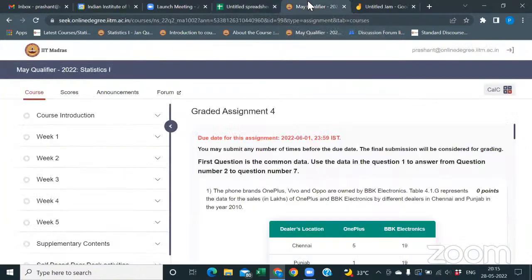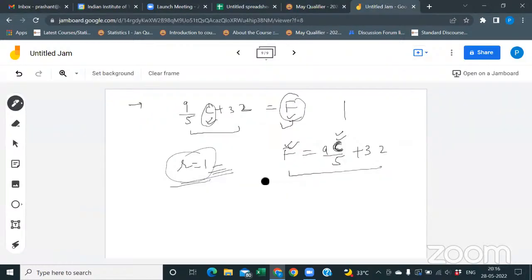If there is a linear association, a linear equation, what is it? See, your 9C plus 32 means something with a slope and some variable.